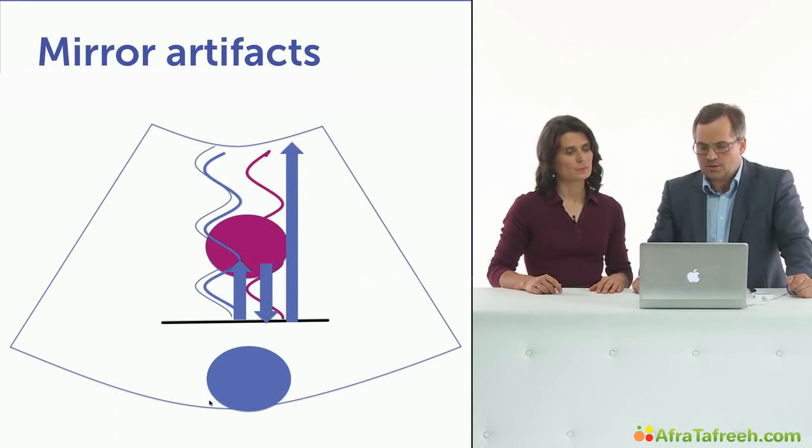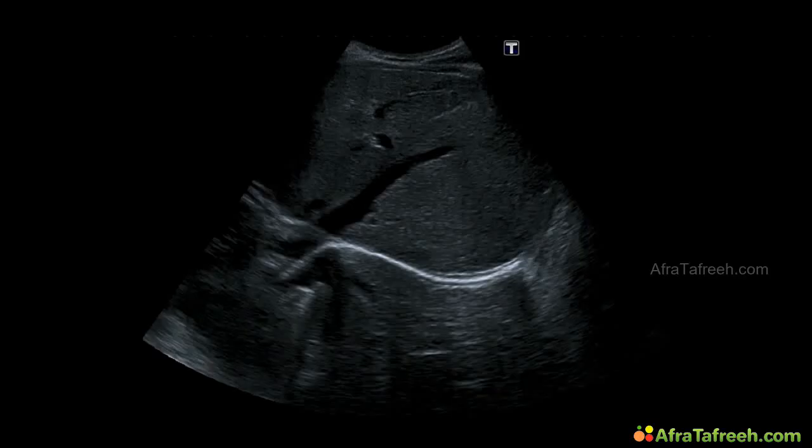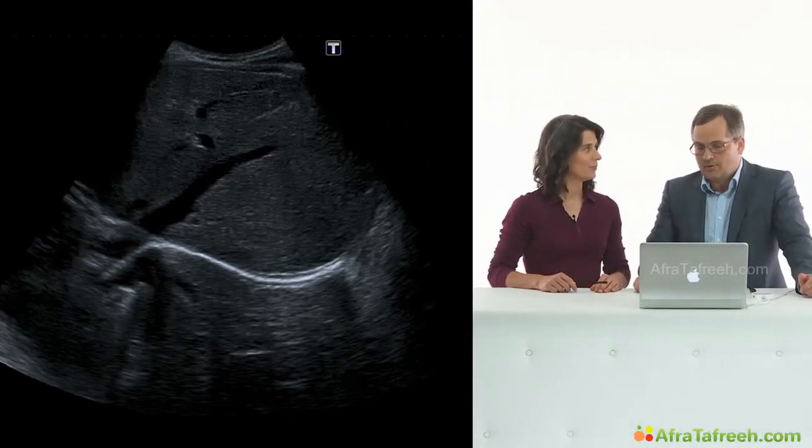So the machine shows us over here the mirror artifact on the other side of the diaphragm. This is because the ultrasound beam, the reflected one, takes a longer time to go back to the transducer, and so the machine thinks that it's further away from the transducer than the original structure. The second beam took a longer time, so the machine displays in a very far region.